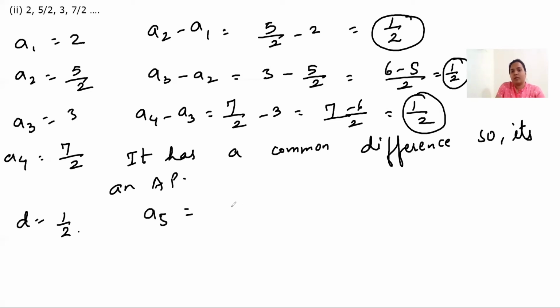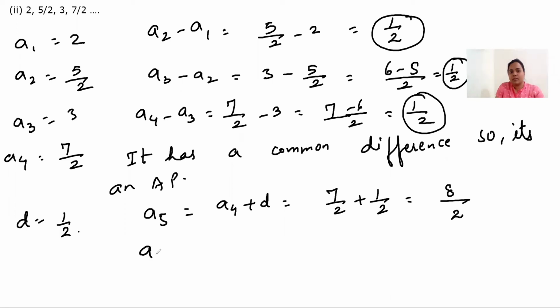We'll find A5, that will be equal to A plus D, or we can do simply A4 plus D. So A5 will be A4 plus D, that is 7 by 2 plus 1 by 2, that is equal to 8 by 2.